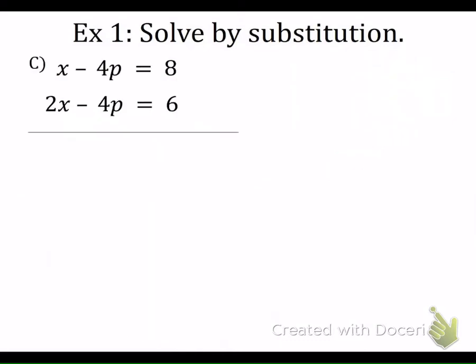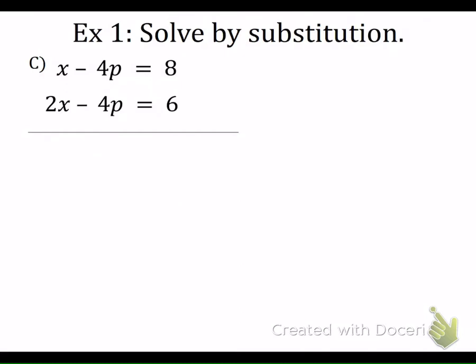All right, here is number 1, part C. As you're writing it, think of which one you want to get by itself.